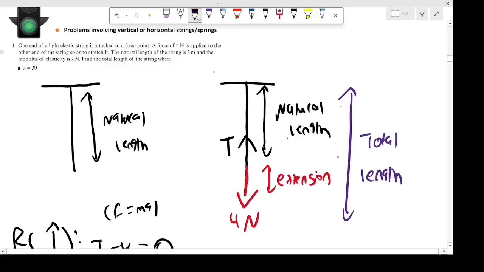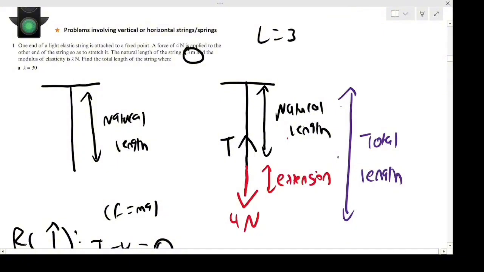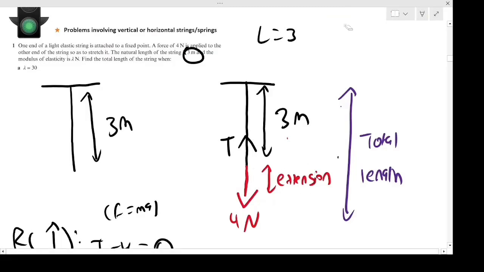I'm told the natural length is 3 meters. So L for natural length is 3, which means this is going to be 3 meters. So I just need to find the extension, the extra bit added. The modulus of elasticity, lambda, is 30.